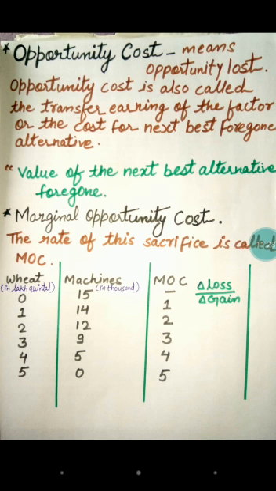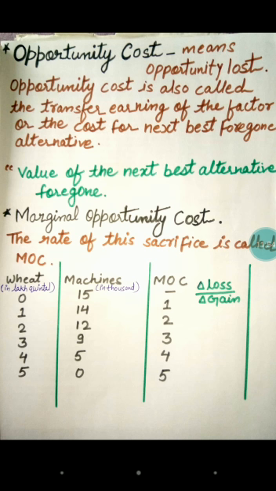In opportunity cost, we are losing something for gaining another thing, or we can say we have to sacrifice some units of a good for getting another good.